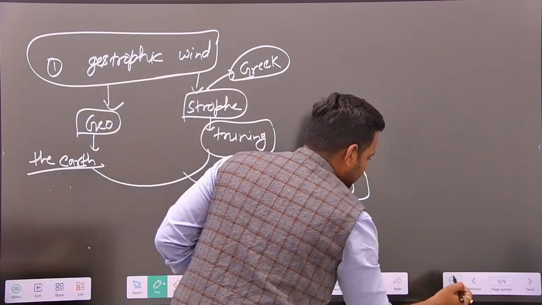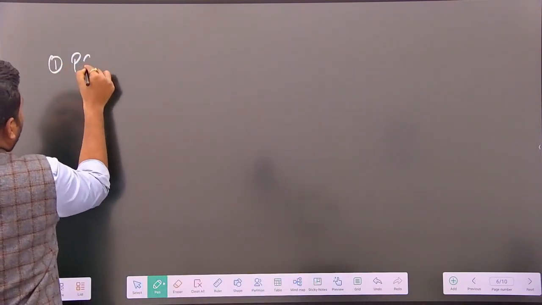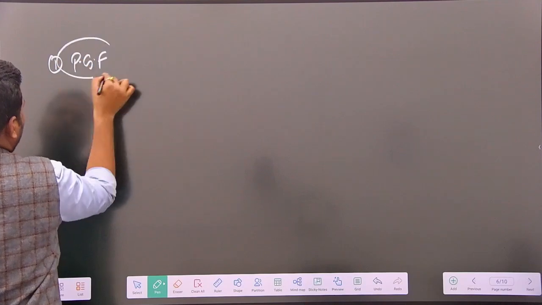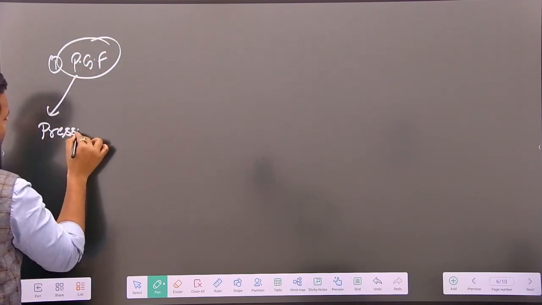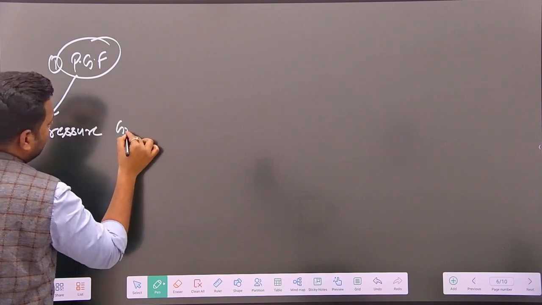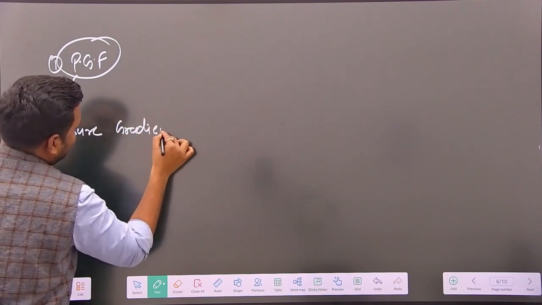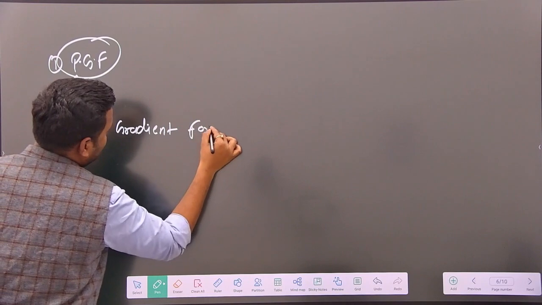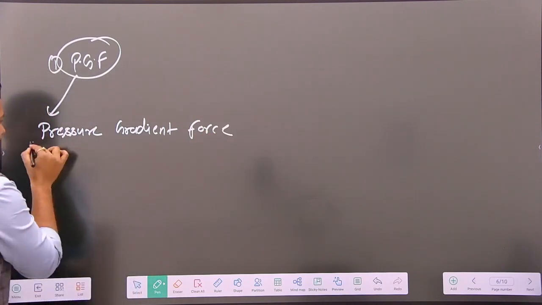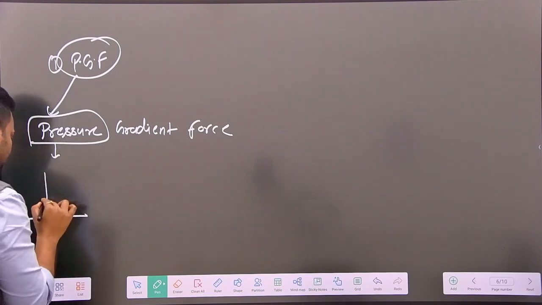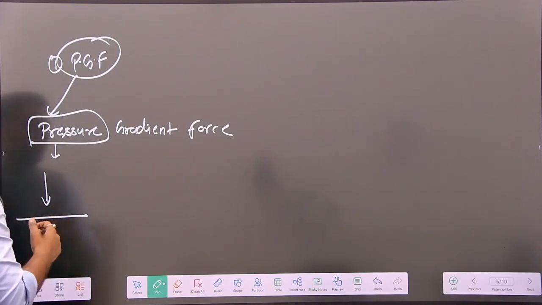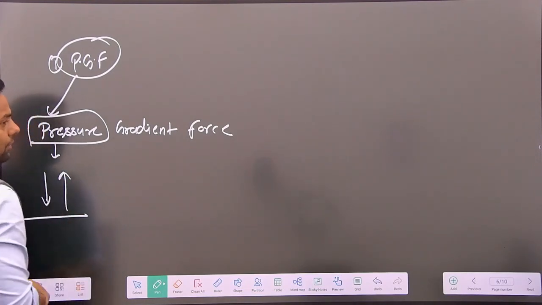So firstly we take up, what is pressure gradient force? What is pressure? Pressure means the air which tries to sink or the air which tries to rise.